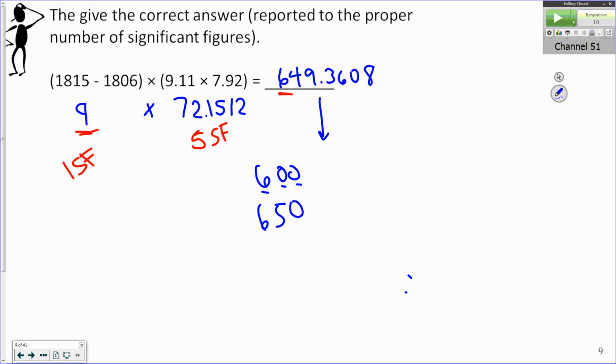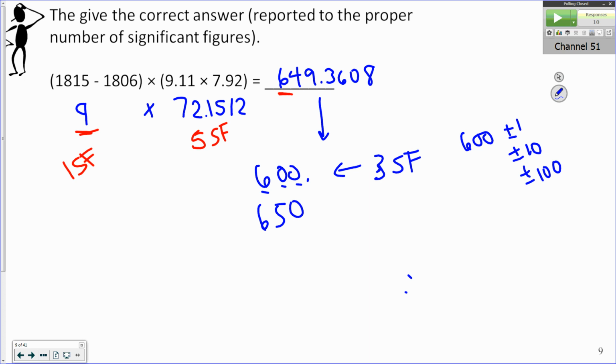If I write 600, as I went over in the video a couple of pages back, it's not clear. If I put a decimal point here, that is clearly 3 significant figures. But with just 600, I don't know if I know it plus or minus 1, plus or minus 10, or plus or minus 100, which is what I really need to apply.